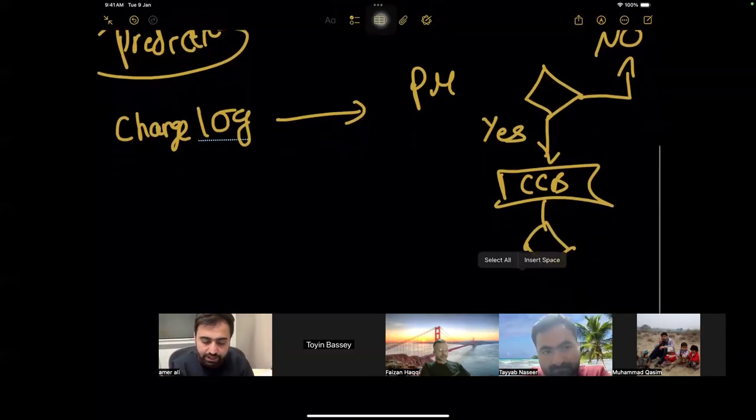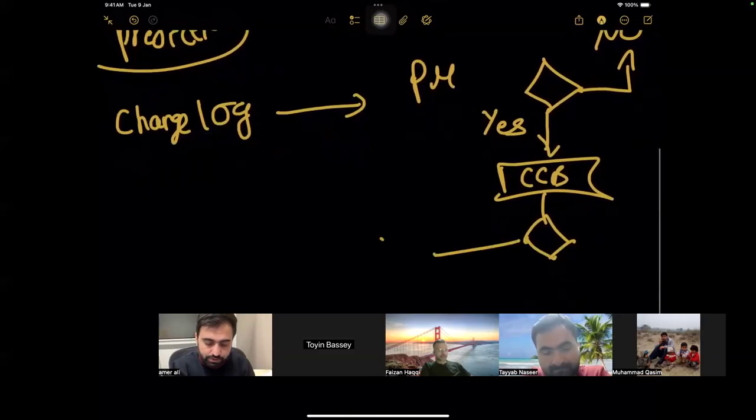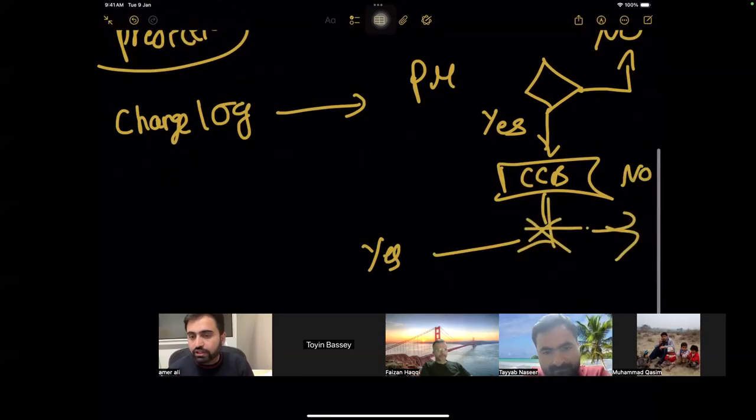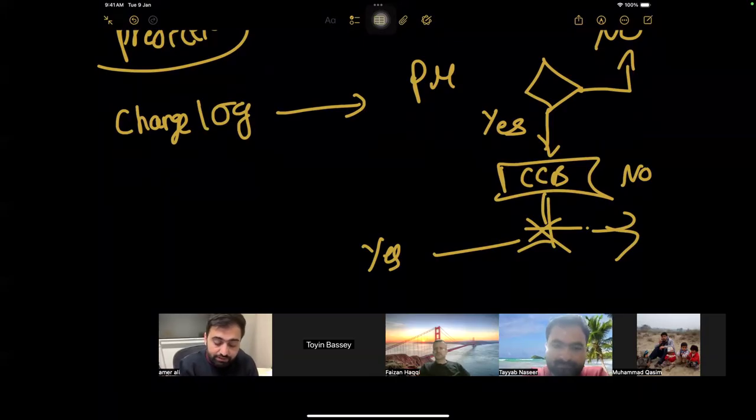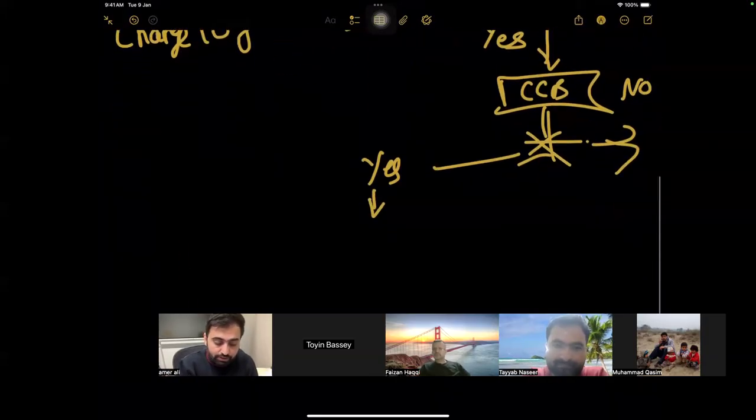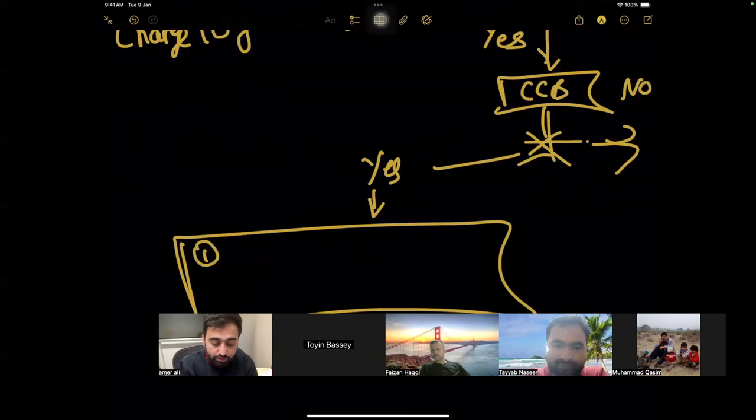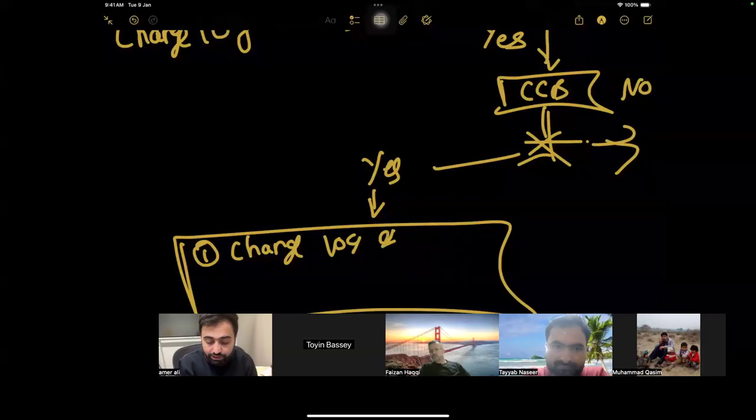And then they either approve or reject it. Of course, the rejected changes will be communicated according to the communication management plan. Once it is approved, we will update our change log and communicate it to them.